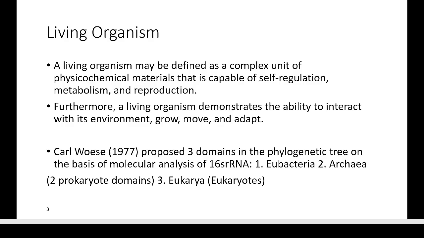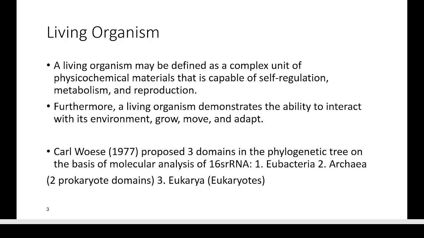Carl Woese in 1977 proposed three domains. Earlier to that, there were mainly two major domains, prokaryotes and eukaryotes, and there was the kingdom classification. But based on the molecular analysis of 16S rRNA, Carl Woese in 1977 proposed three domains in the phylogenetic tree.